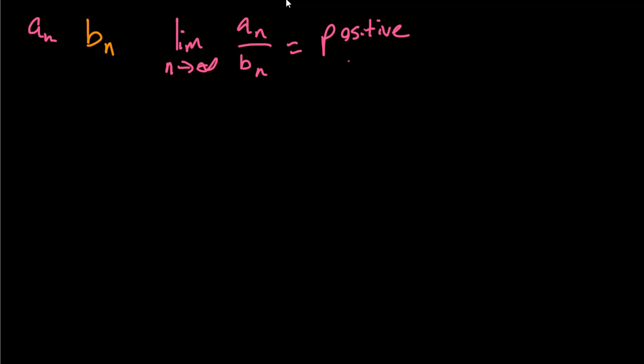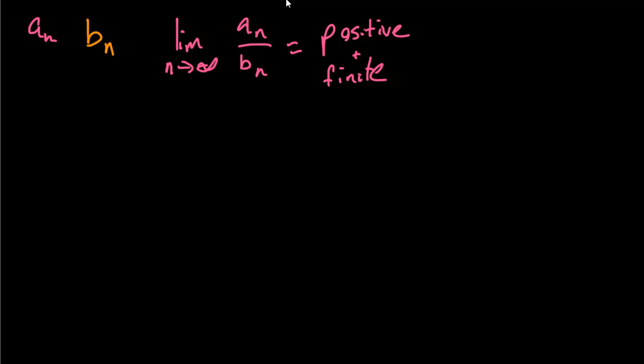So let's say we have these two series. A sub n is the one we're trying to figure some stuff about. If the limit as n approaches infinity of a sub n over b sub n is equal to something positive and finite, then both series will either converge or diverge.